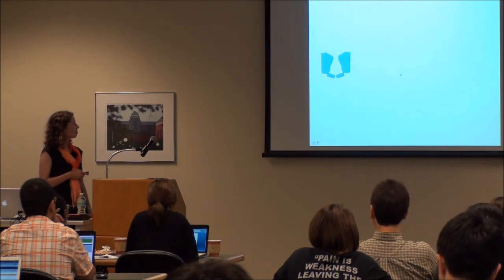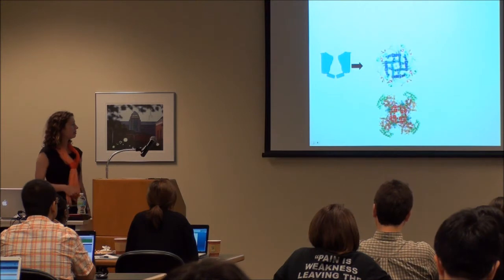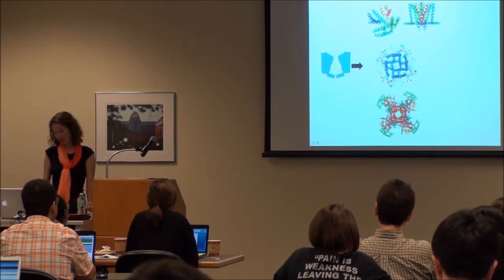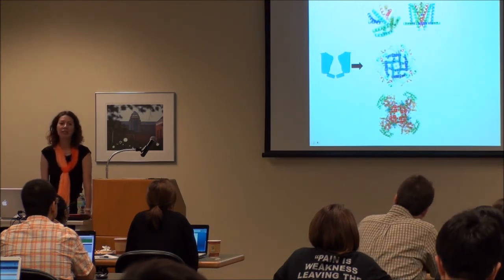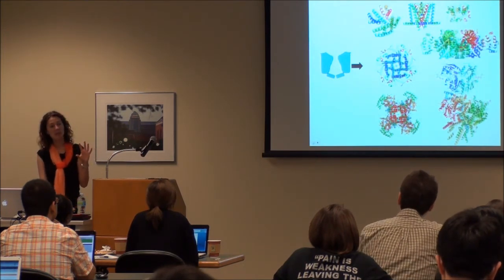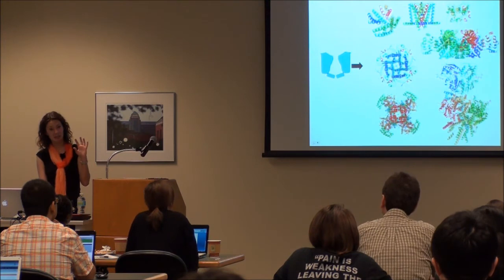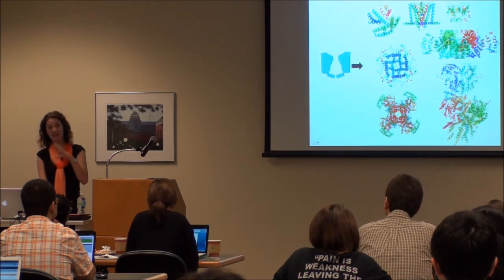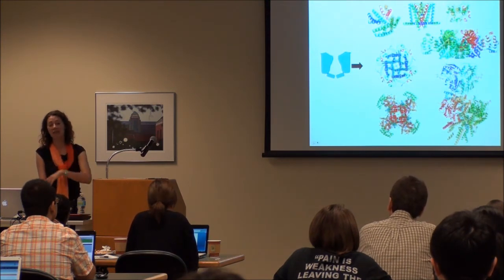I'm not going to show you these cartoons anymore because luckily we have crystal structures, so we have pictures of these channels at atomic resolution. These pictures were taken with X-ray crystallography. Do you guys know anything about X-ray crystallography? I'm going to tell you a little bit about it.